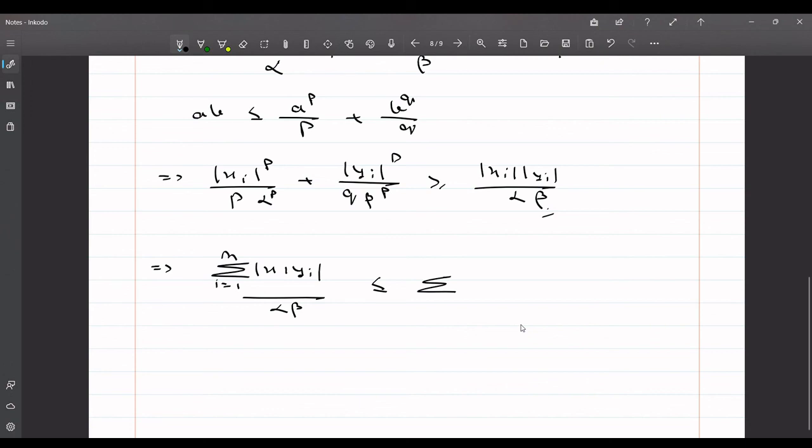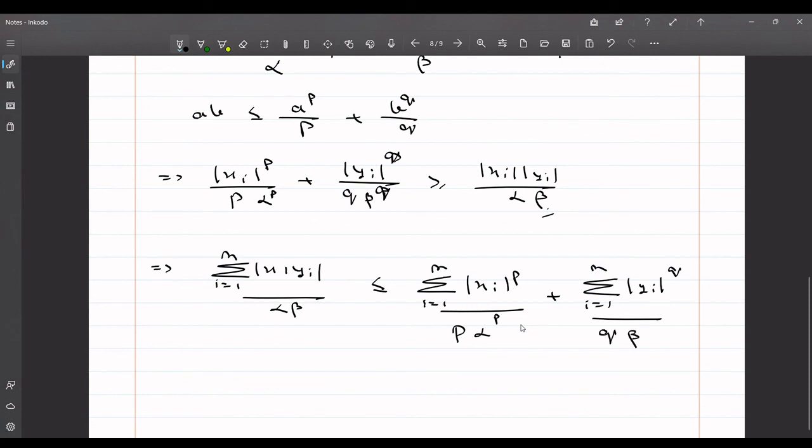So we can separate it to write it as the summation i equals 1 to n of |xi| to the power p over p times alpha to the power p, plus the summation i equals 1 to n of |yi| to the power q over q times beta to the power q.